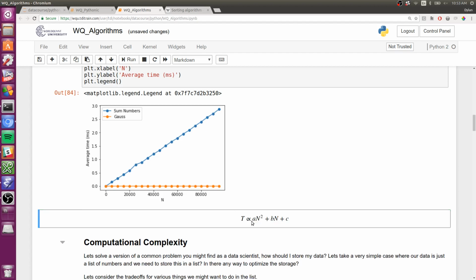Something like this. In general, it could be any polynomial or any function of n. Here, neither of our algorithms has an n squared term.